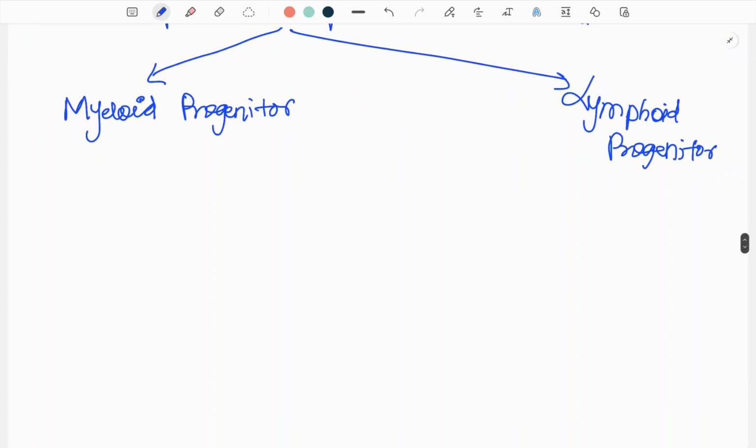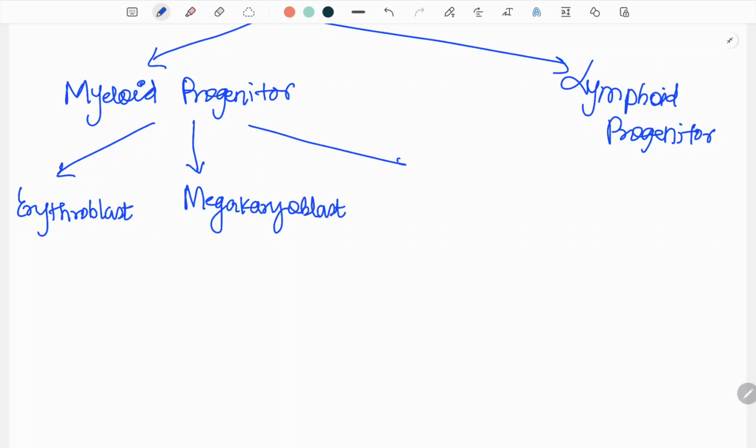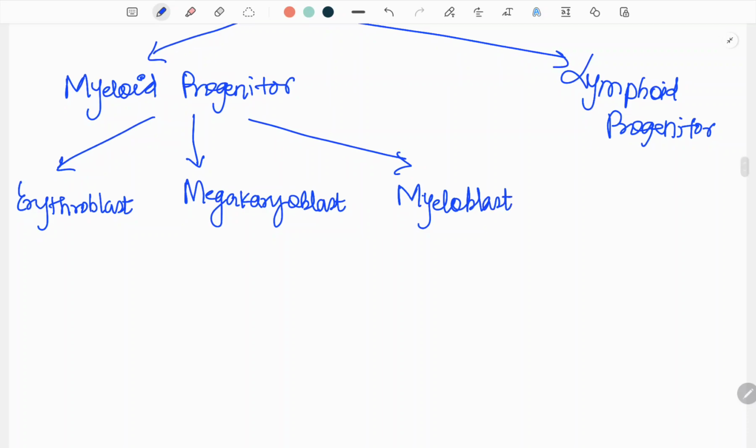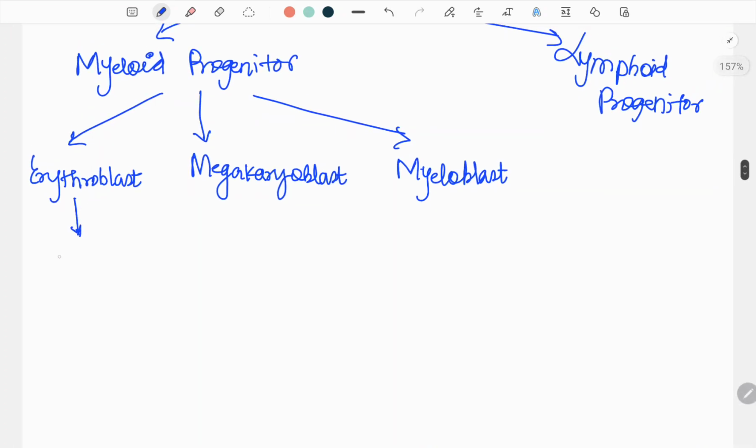Now in myeloid progenitor, further it can divide into A, erythroblast, B, megakaryoblast, and C, myeloblast. Now erythroblast will form RBCs.